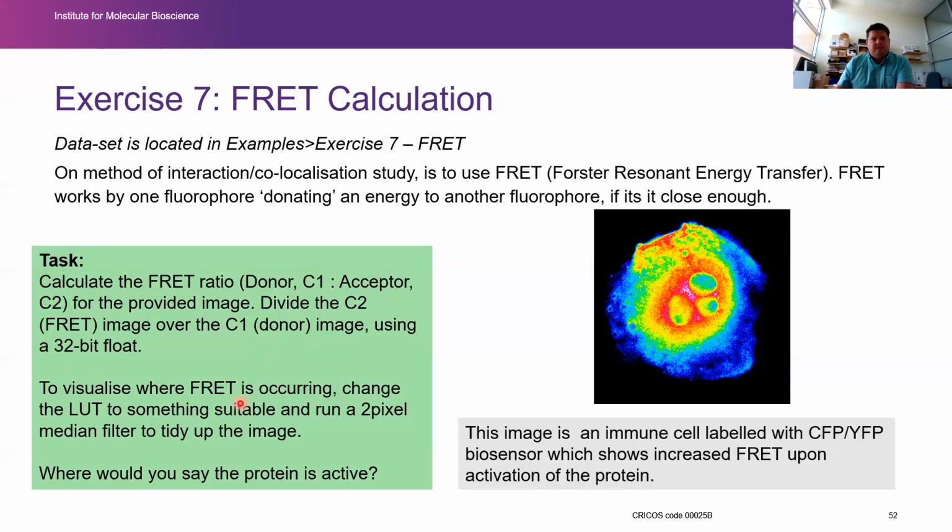When you do that division, make sure that you've set the result to be a 32-bit float image, and you'll see that the cell is really noisy because the values are so low. So change the lookup table to something like the spectrum, or try a couple of them, and you should be able to see a hotspot of where there's more FRET occurring and where this protein is active.